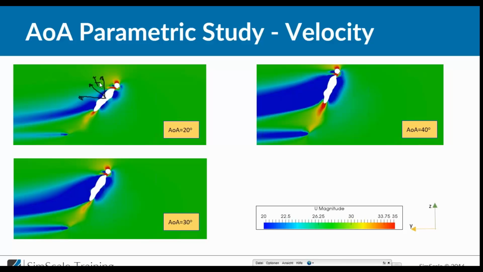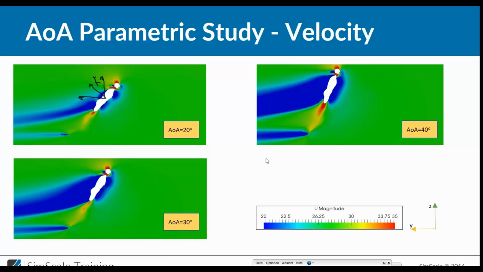So at an angle of attack of 20 degrees, you have these very small separation bubbles in the wake structure, and with increased angle of attack, this becomes larger and larger. And you can see it especially if you take a look at the ski, this lower blue area, which means very low velocity, is also increasing very much.